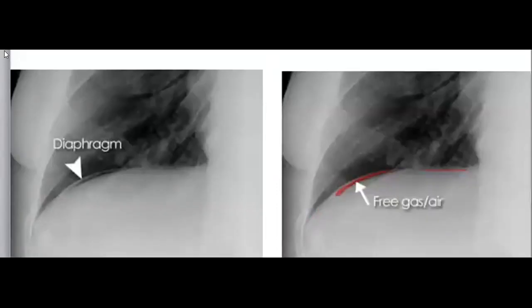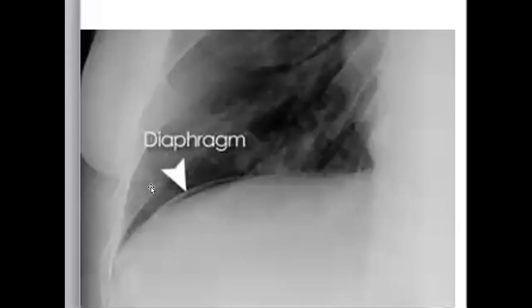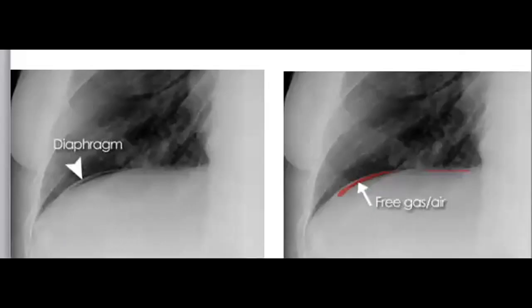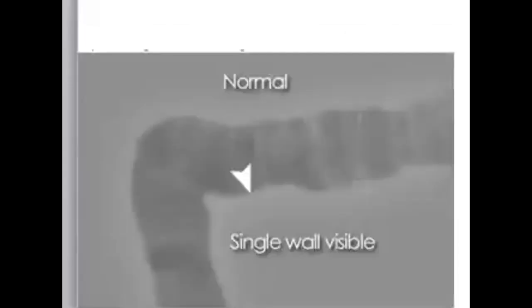So this is the most important. Sometimes it can be very subtle, as in here. Very subtle minimal free gas, again pneumoperitoneum. And what is this?